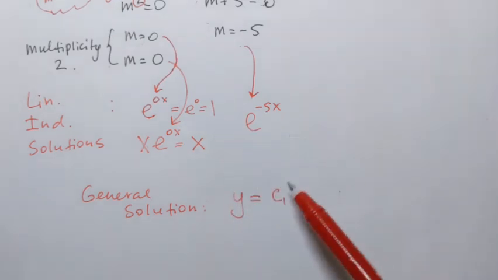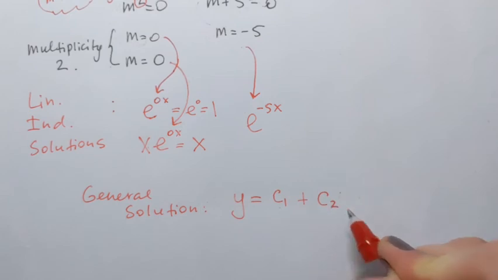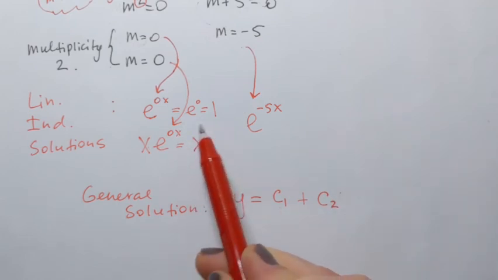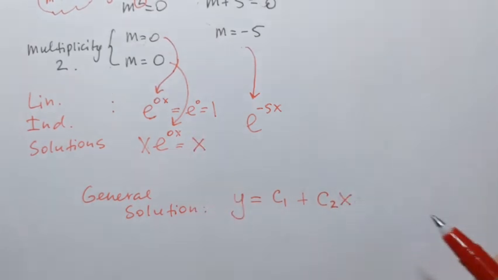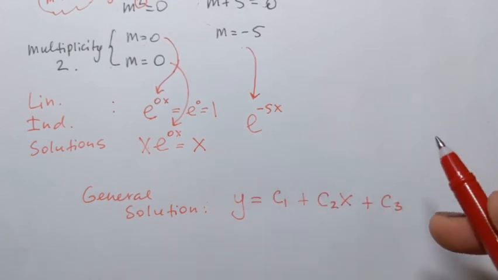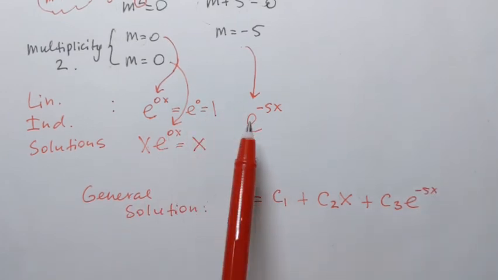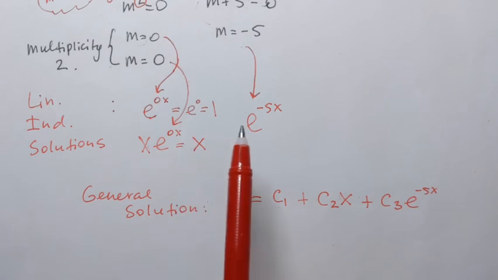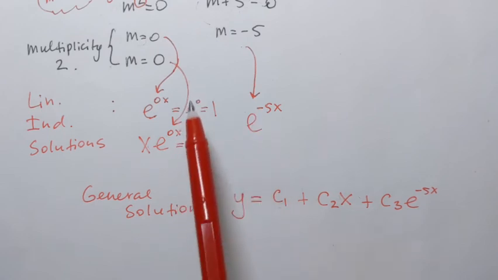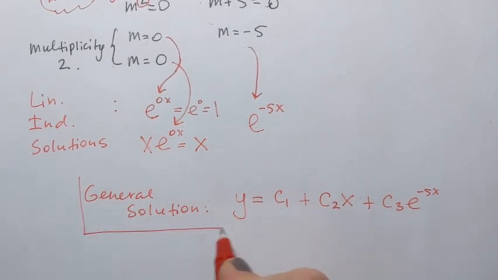It's just 1, so c1 times 1 is c1, plus c2 times the second linearly independent solution, so that's x, plus c3 times the third linearly independent solution, e to the power -5x. By the way, there is no specific order to them, so you can call any one of them number 1 or number 2. I'm just following my order here, but you can use any order. But that's how a general solution is going to look.